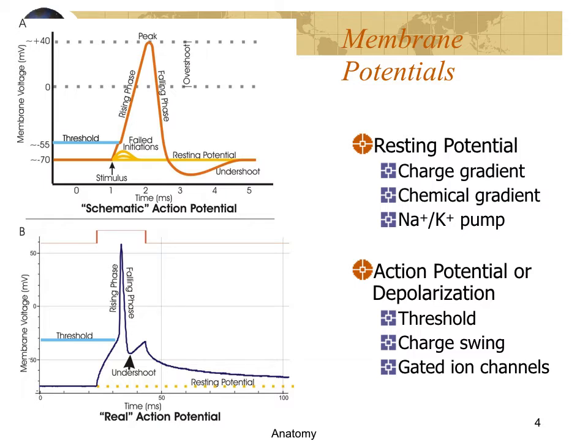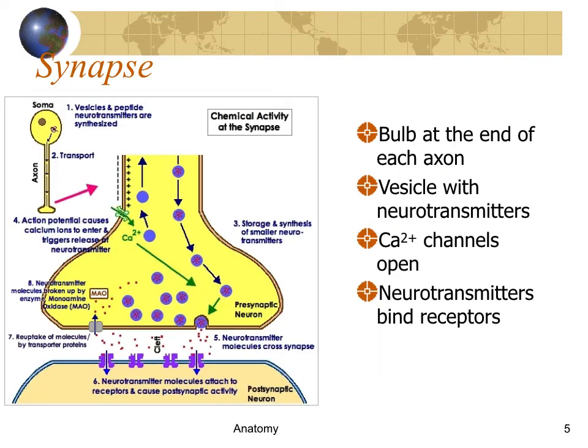Then that potential is quickly reversed to restore the resting potential, and that happens when other ion channels open and allow potassium to diffuse out. So the action potential's rising phase is due to the influx of sodium. The falling phase is due to the outflow of potassium ions. And this is due to voltage sensitive ion channels.